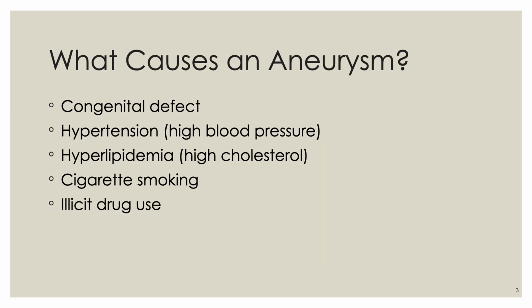Okay, so what would cause this? It could be a congenital defect, something that happened in utero while the baby, the fetus, was growing, and these blood vessels were being created. As a human, once you've been born, more often an adult, hypertension, high blood pressure, hyper meaning high, like the water racing through the pipes in your house.